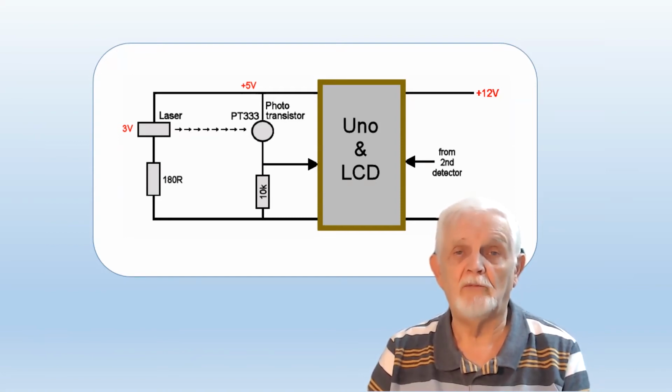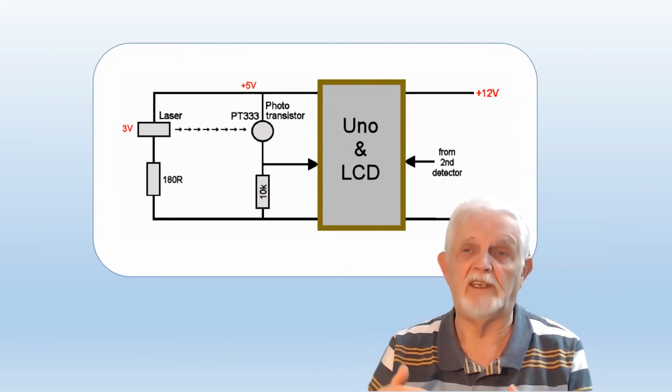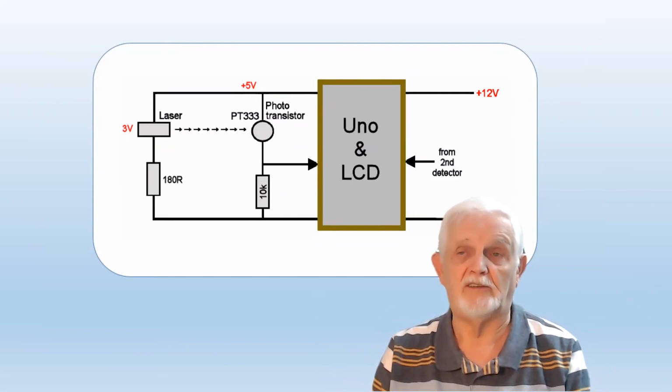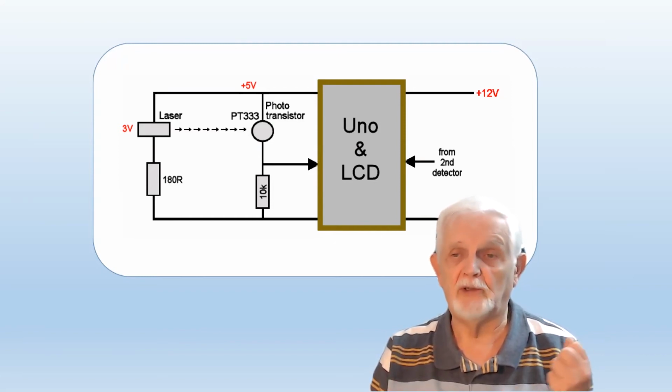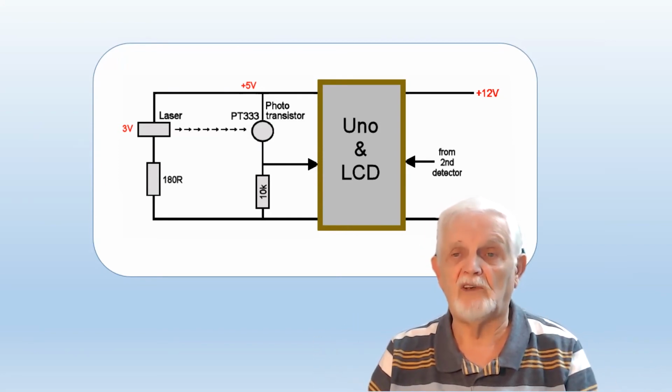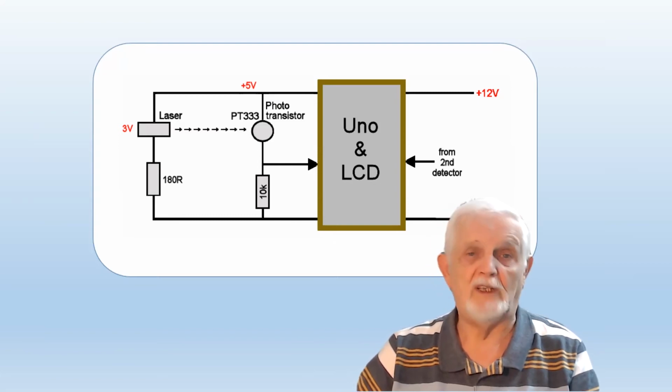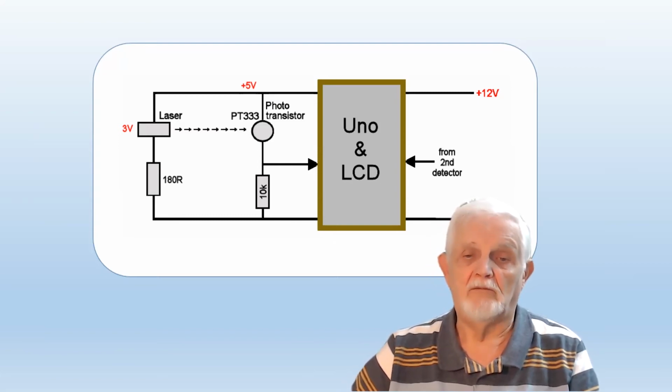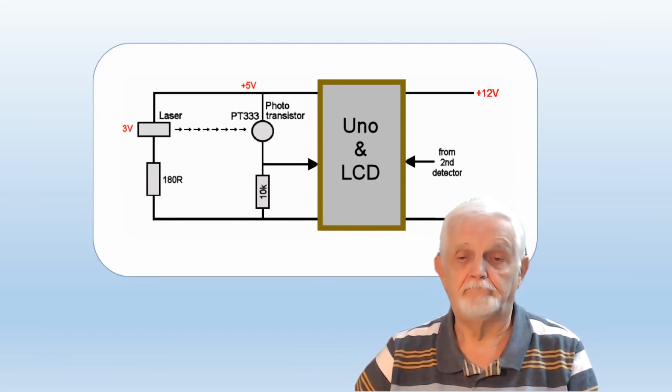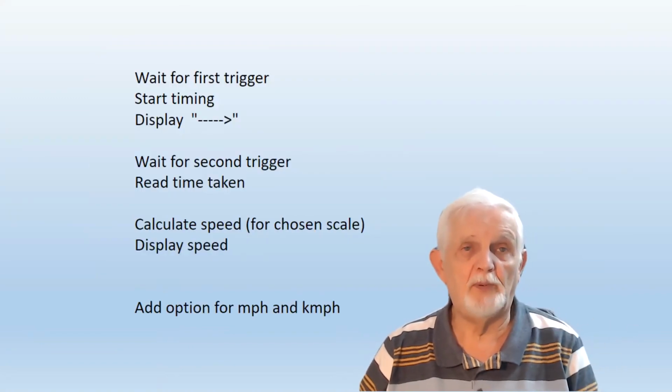So we have 2 of them, one on the left-hand side, one on the right-hand side to give us the 2 detectors. So apart from the Uno and the LCD shield, 4 components for one side, 4 components for the other side. So the hardware requirements are quite slim. That's the approach.